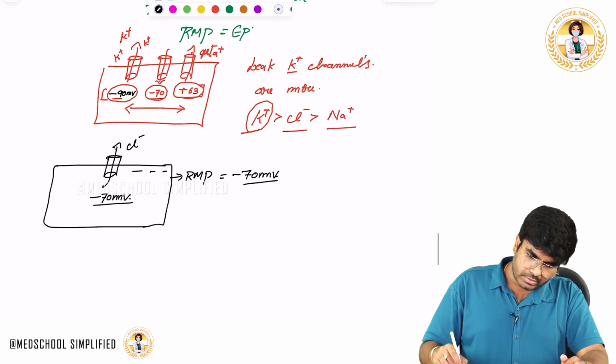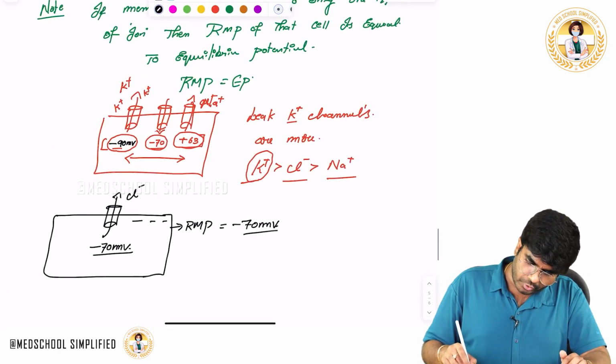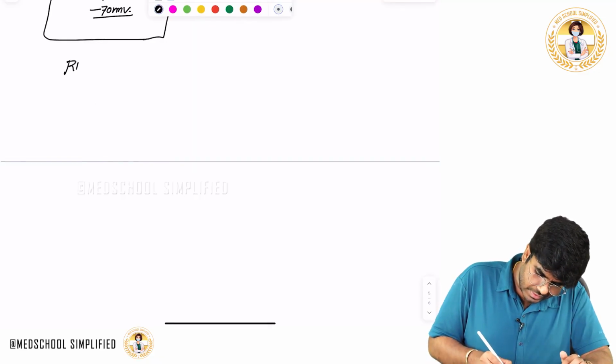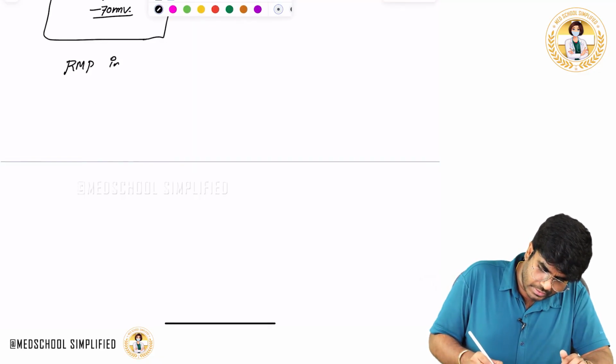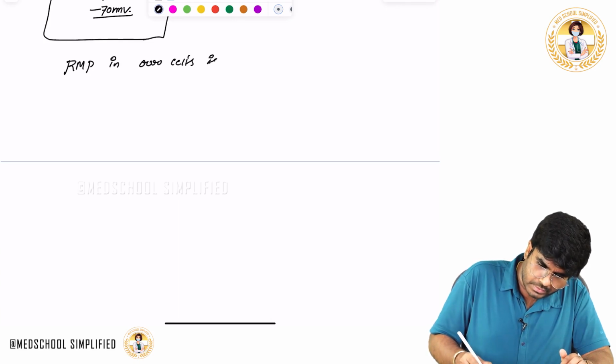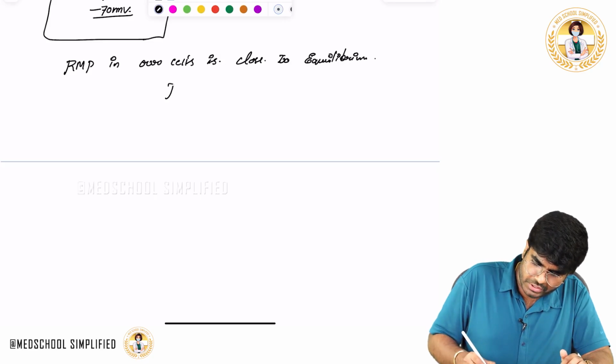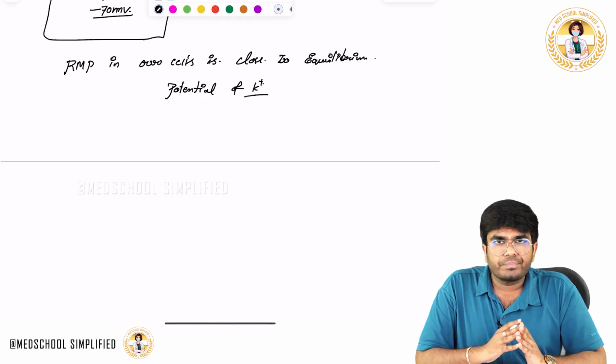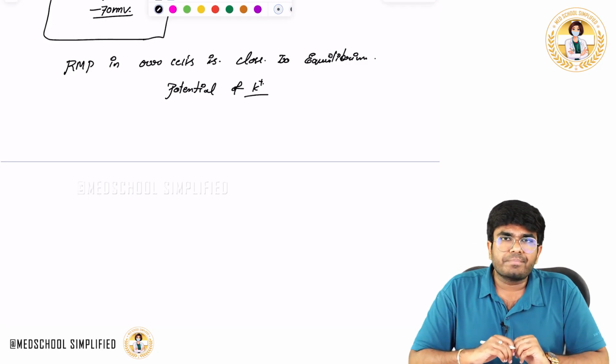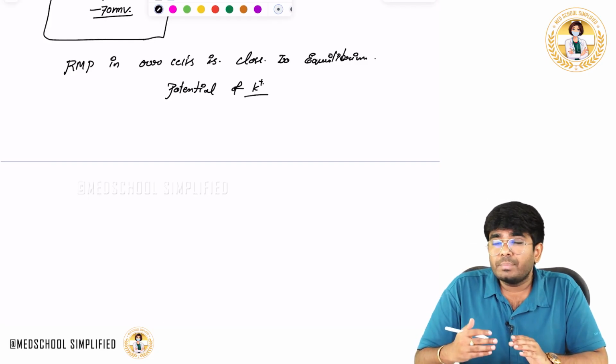So that's the point: resting membrane potential in our human cells is close to the equilibrium potential of potassium. With this the concept is done.